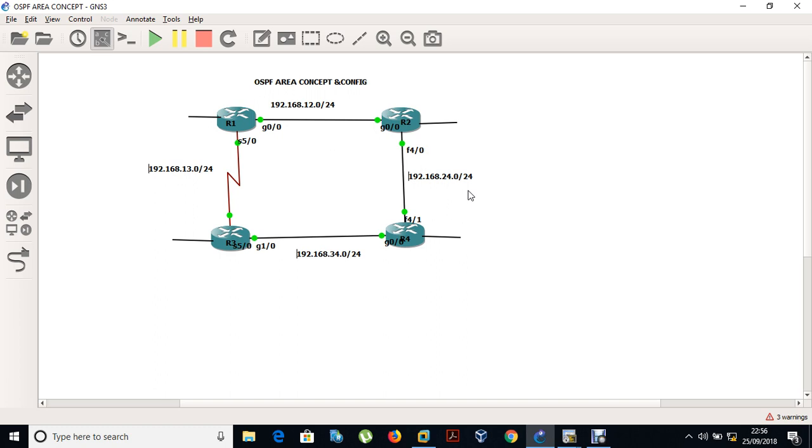So the concept of areas is very important in OSPF because it manages the traffic between the areas. For example, if you have area 0 here, the area 0 updates will stay in area 0.